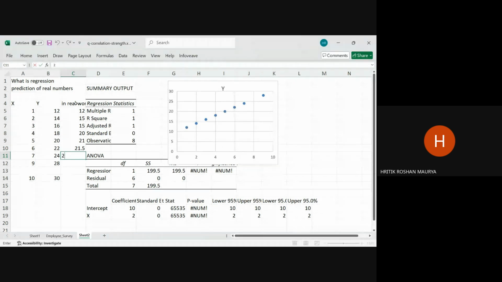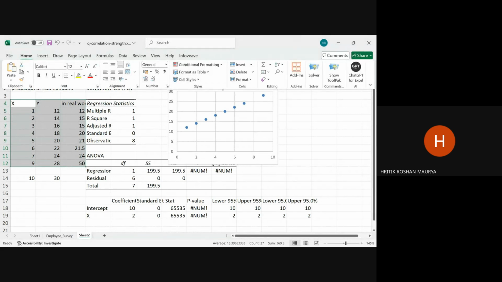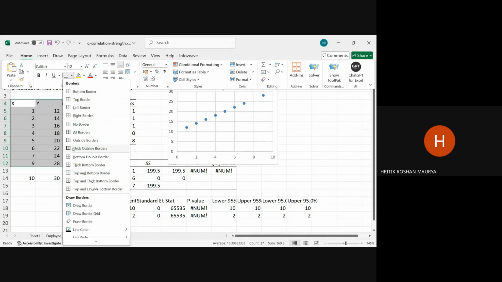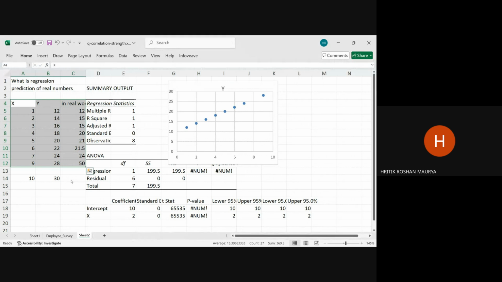This might be, suppose, 200, 2000, or take it as 50. So think of this example.